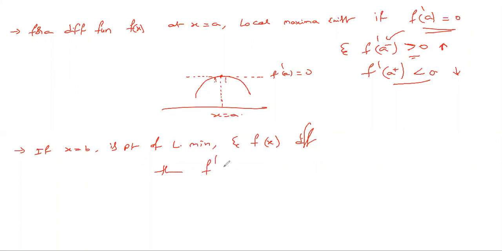F dash of b should be equal to 0, and moreover f dash of b minus should be less than 0, and f dash of b plus should be more than 0. That's it.